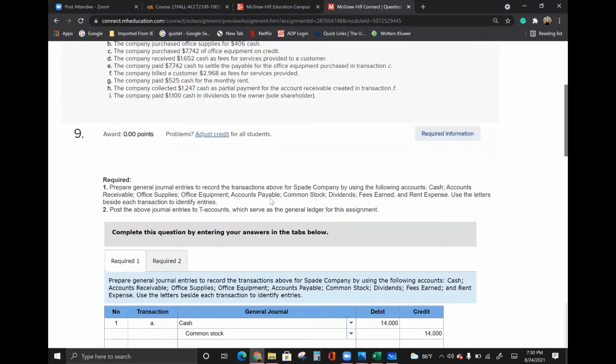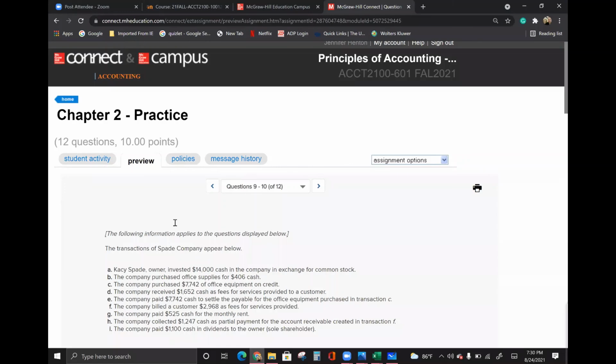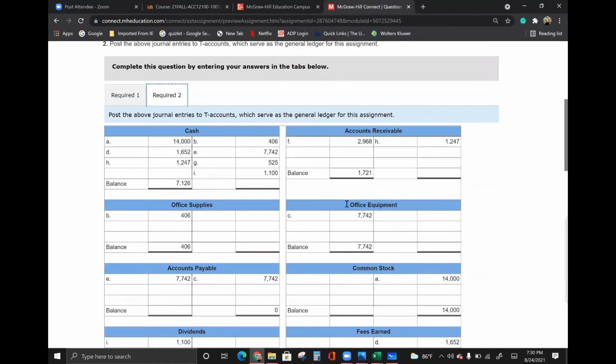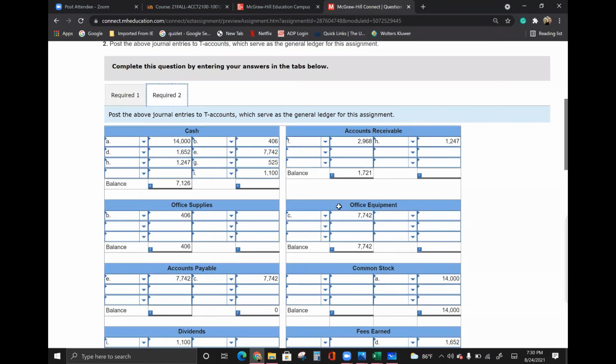So this problem is going to give you the transactions, and you'll have to do journal entries for the transactions, and you'll have to do the T account for the transactions as well. So we did an example with the T accounts and the journal entries. This one is just another homework problem just like that.